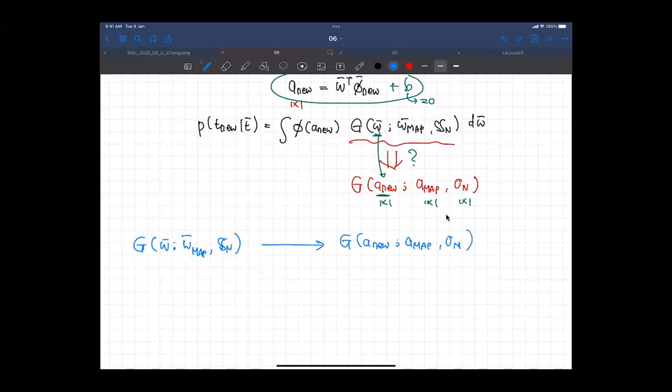And we know that this transformation is a linear transformation. Why is it linear? Because A nu equals W transpose, or maybe it's better to put it into a more general case, A W plus B, for example. This is the generic expression of a linear function.